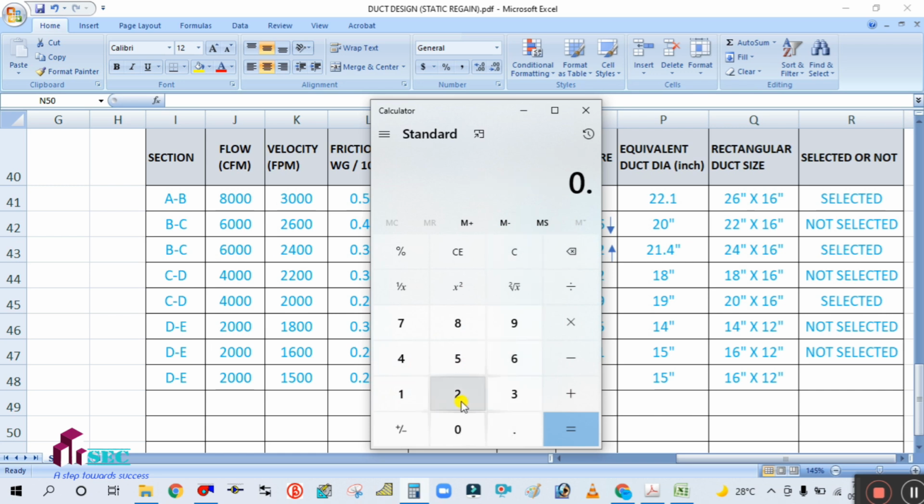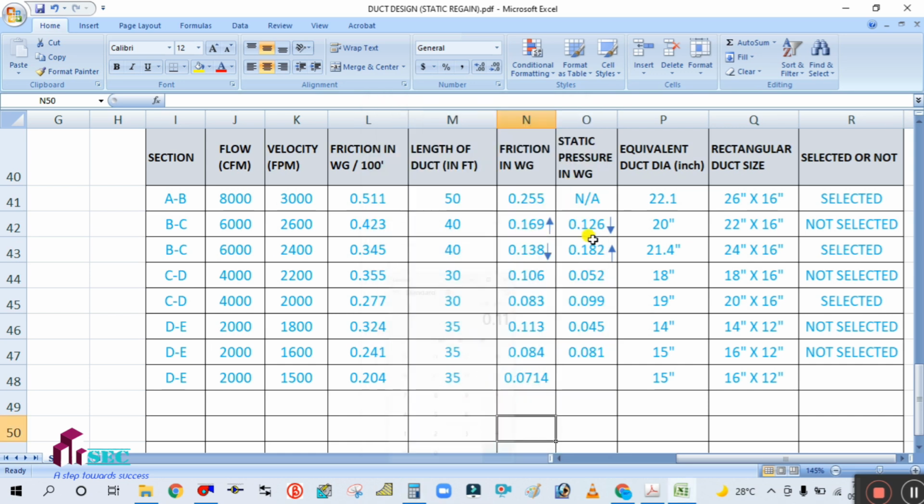So 0.25 minus 0.140 is 0.110. Now we have to see that this static pressure is higher than the friction loss.